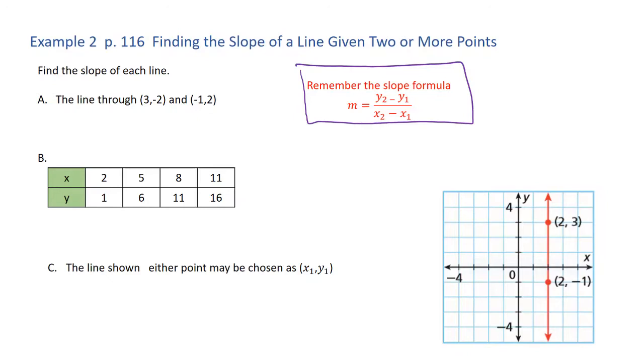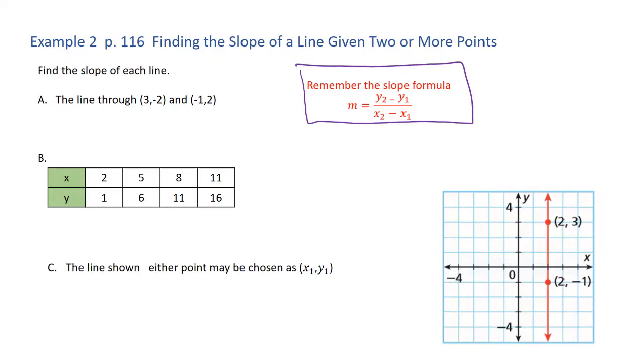All right, so the first example says find the slope of each line, and the line has 2 points, (3, -2) and (-1, 2). It doesn't matter which one you call x1, y1 and which one you call x2, y2. You just need to keep it the same.